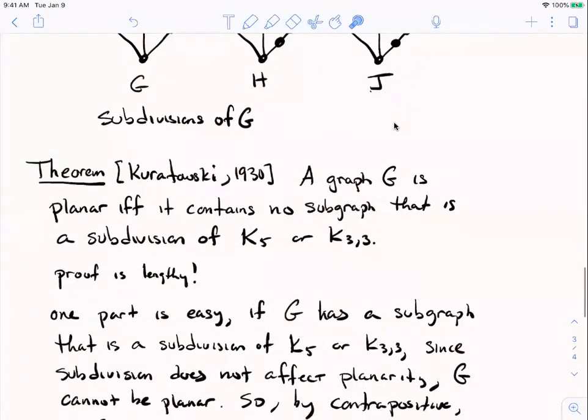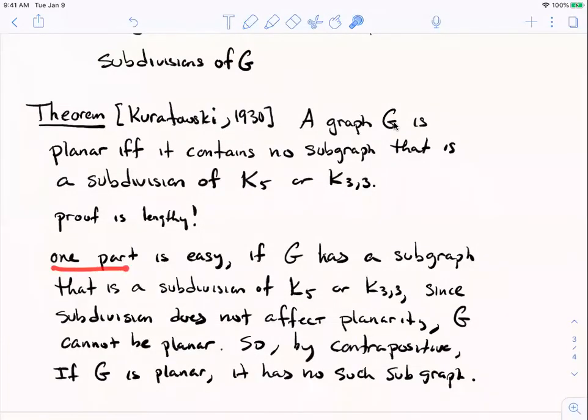Part of it's not that bad, though. We can prove one part of this, because if G has a subgraph that's isomorphic to a subdivision of one of these things, subdivisions don't affect planarity. If you have a planar drawing of a graph, you can subdivide it, and you're not going to make it non-planar. You're just putting vertices of degree 2 along edges.